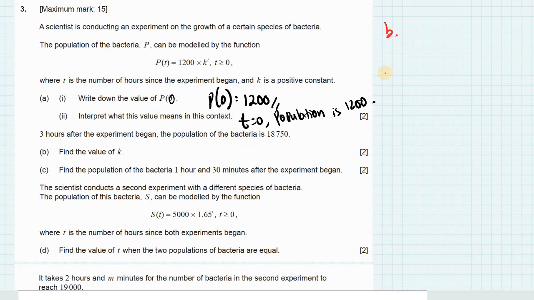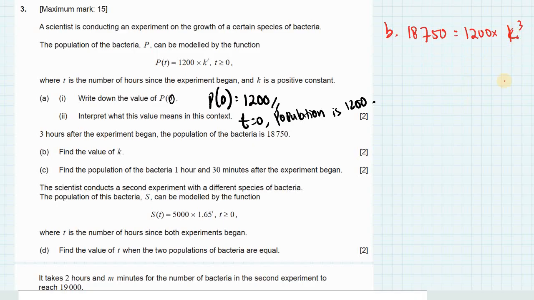The population is 18,750 is equal to, when the time is 3 hours, 1200 times k to the power of 3. Like that.